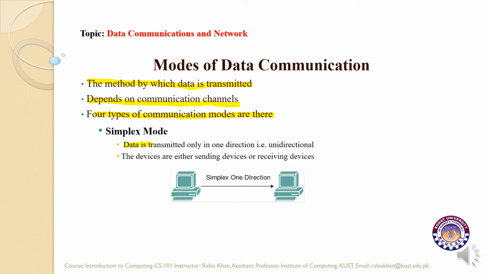Data is sent or transmitted in just one direction, so it is also known as the unidirectional mode of communication. Only one of the two communicating devices on a link can transmit, while the other can only receive. So there has to be a sender that always sends and a receiver that always receives. The receiver cannot reply back.